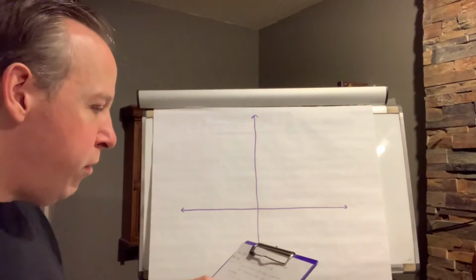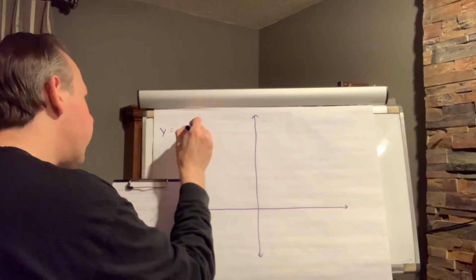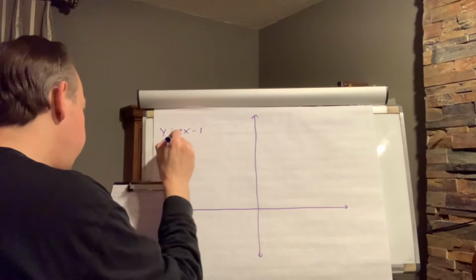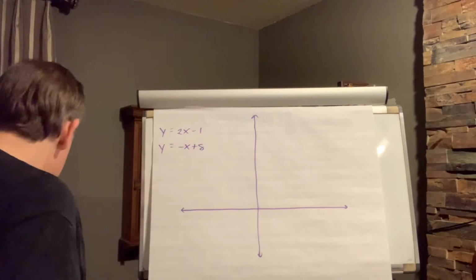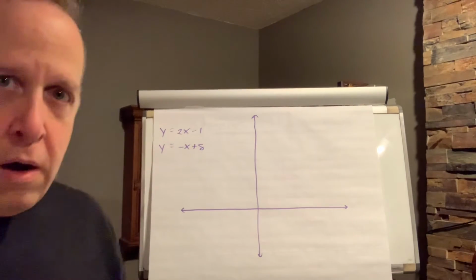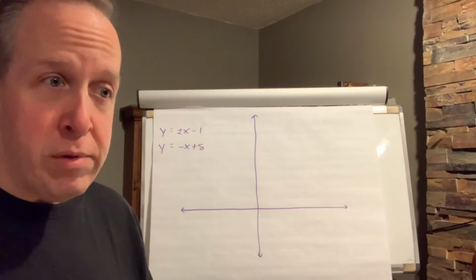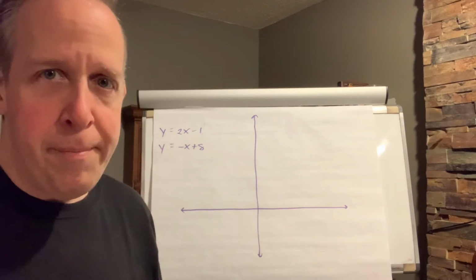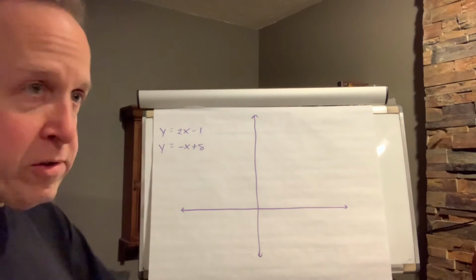I'm going to give you two lines, and they're the lines y equals 2x minus 1 and y equals negative x plus 8. Now, they are two linear equations. So we should be able to, without too much stress, graph them. If we could find out where they cross, we found the solution.